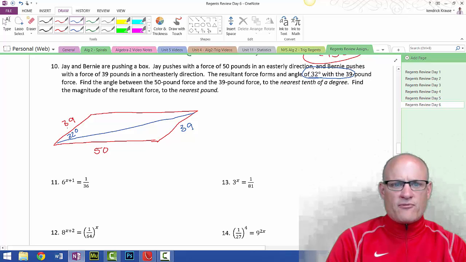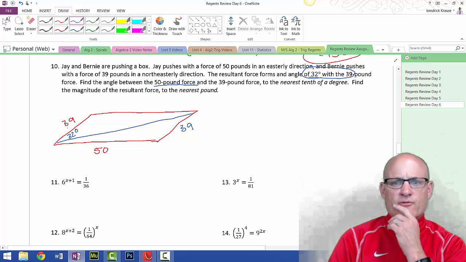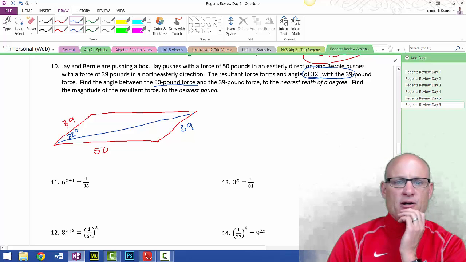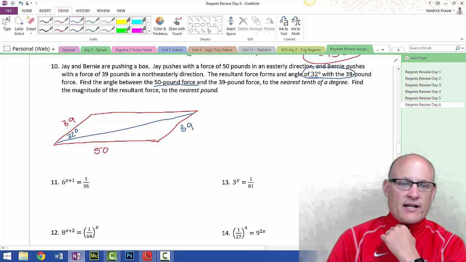That's it. Find the angle between the 50-pound force and the resultant force forms an angle of 32 degrees with the 39-pound force. Oh, so then the question says, find the degrees between the 50-pound force and the 39.